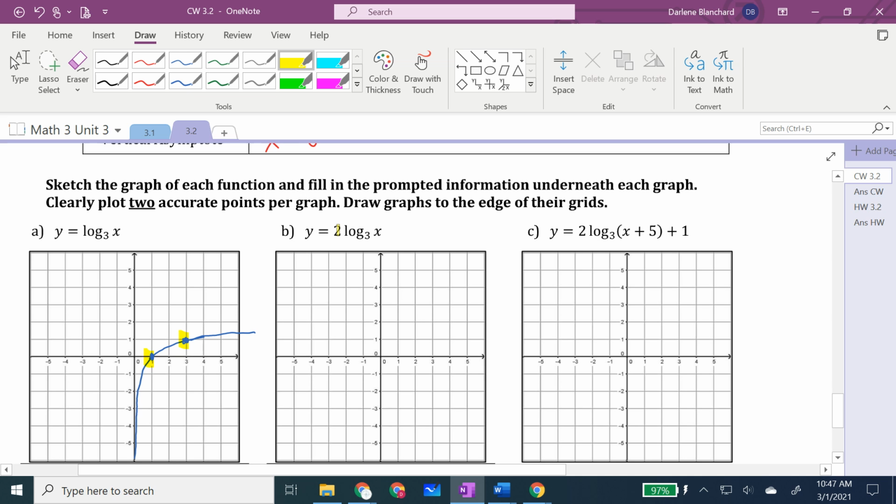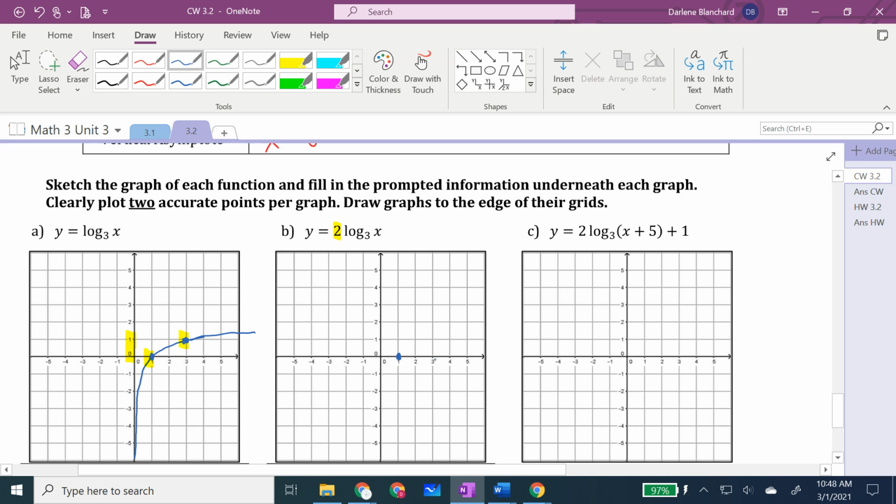If I'm multiplying outside the function, then that stretches the y. The y values are multiplied by 2. The only y values I expect you to come in with are 0 and 1. So 0 times 2 stays at y value 0.